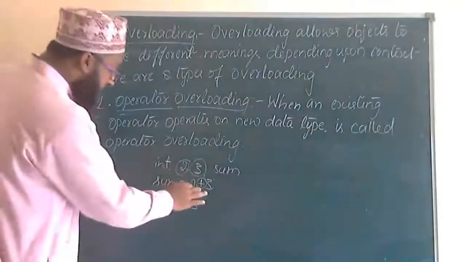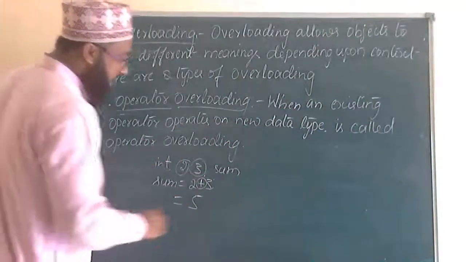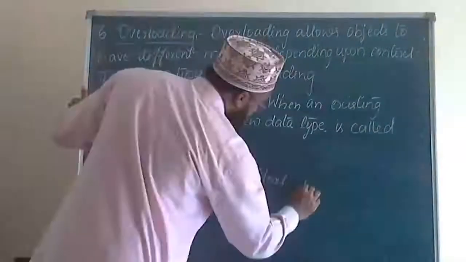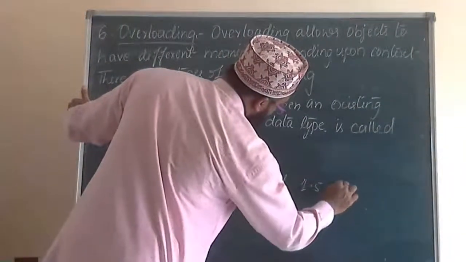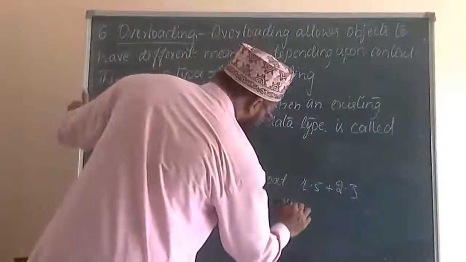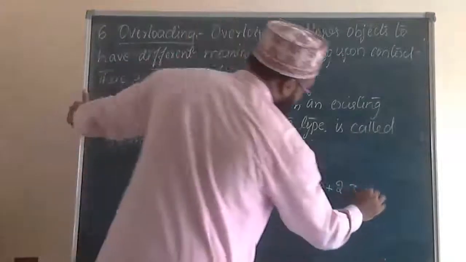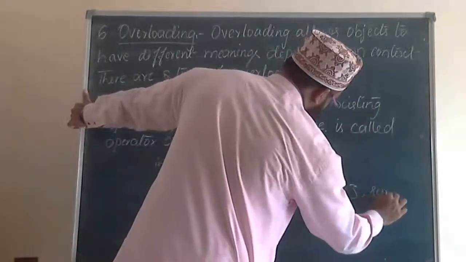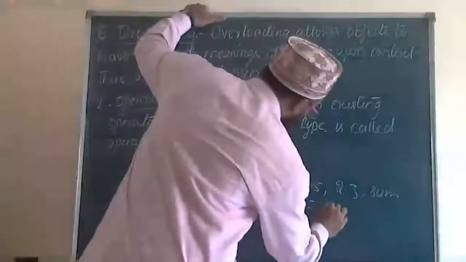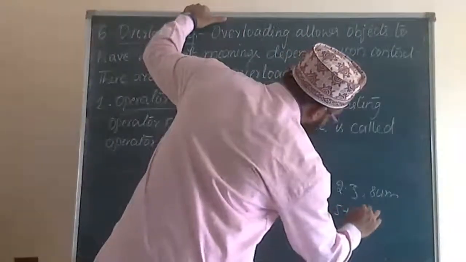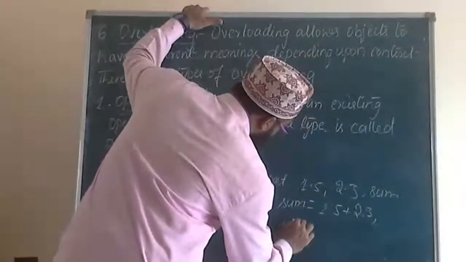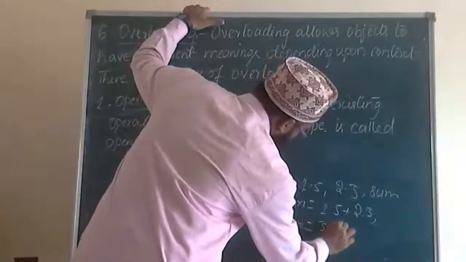If the same operator is asked to be used at this time with 1.5 plus 2.3, sum equals 1.5 plus 2.3, then sum equals 3.8.